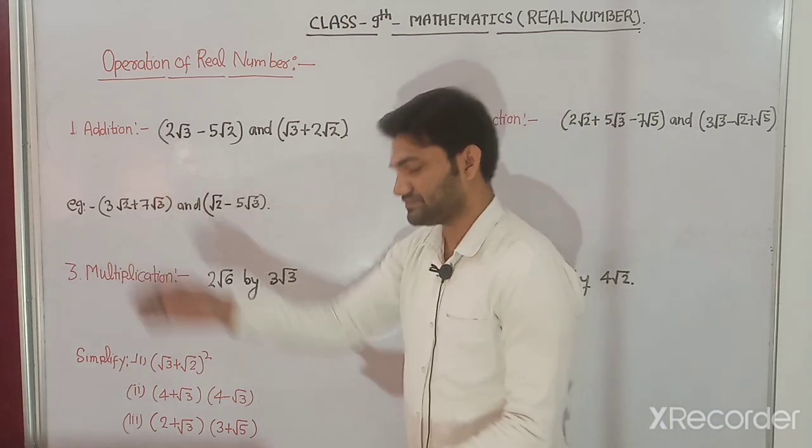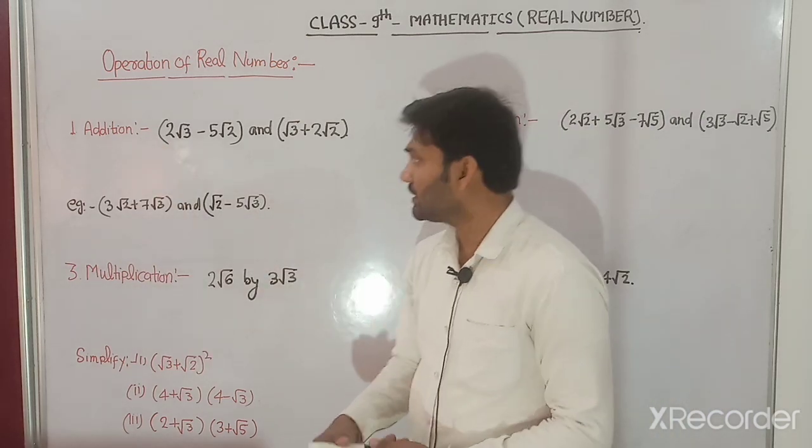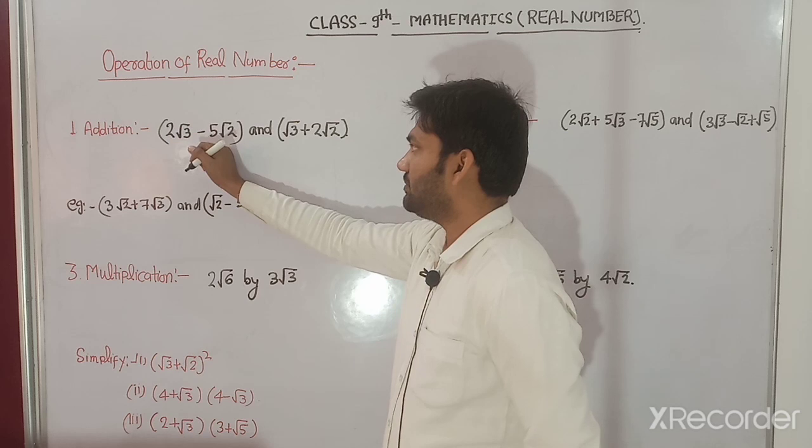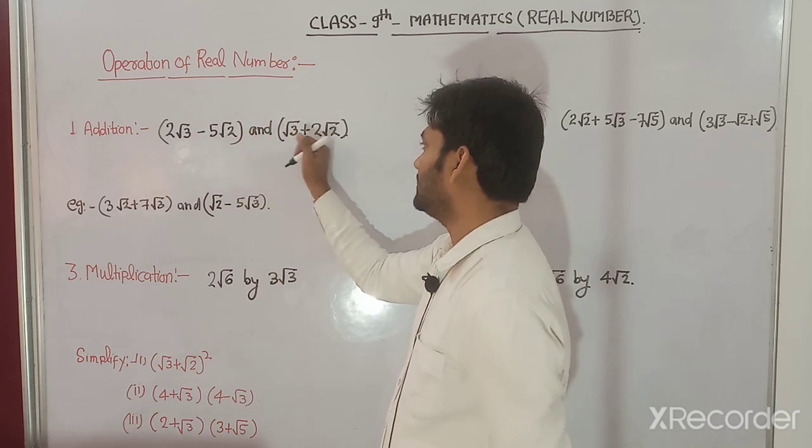First, addition. Numbers are given: 2 root 3 minus 5 root 2 and root 3 plus 2 root 2.